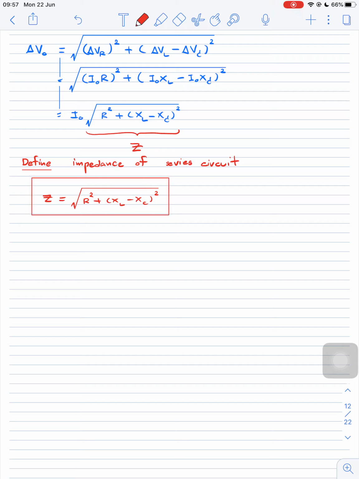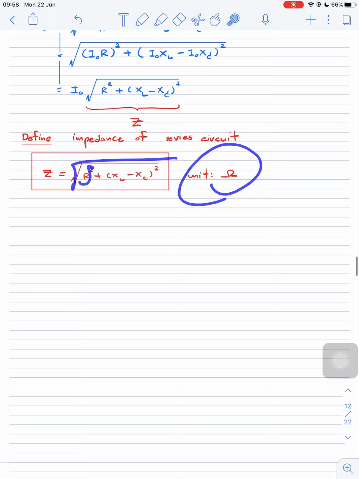Now you can guess that the unit of this impedance must be the ohm as well, because we have the R here, which is in ohms. So we have ohms squared and then the square root, so it's just equal to ohms.